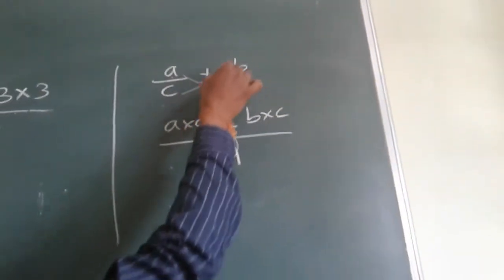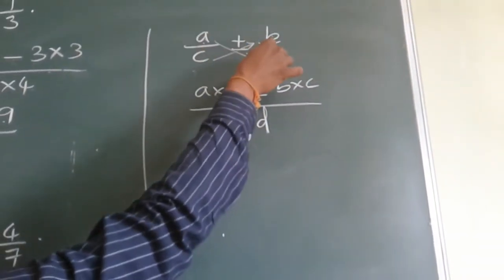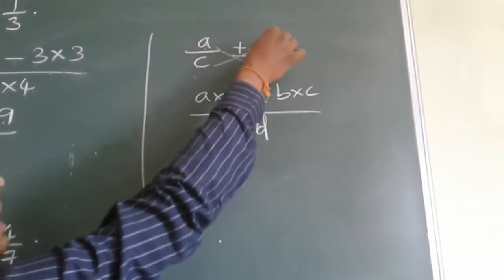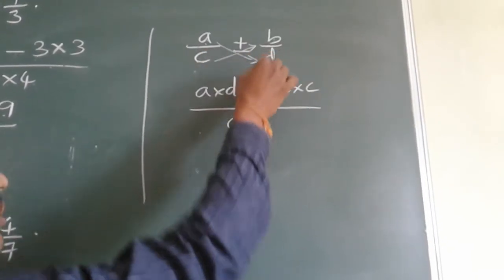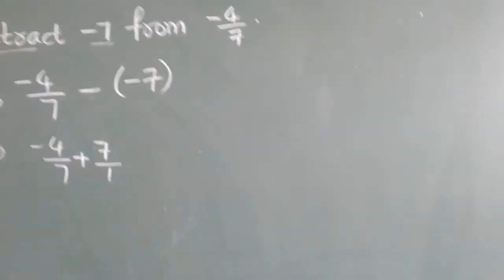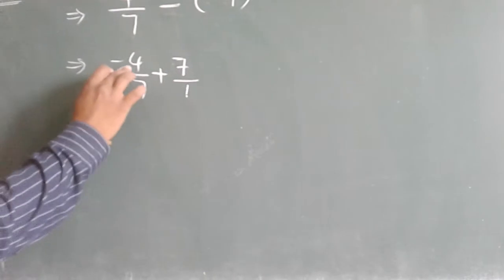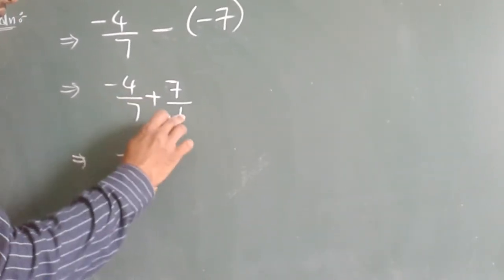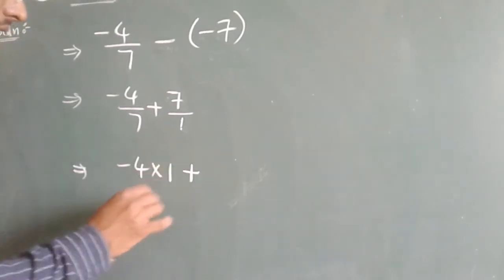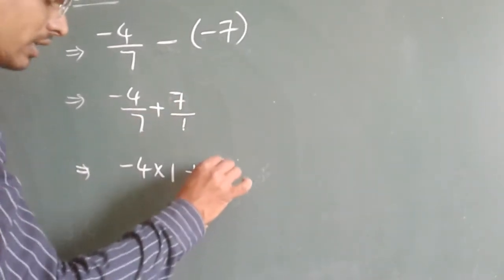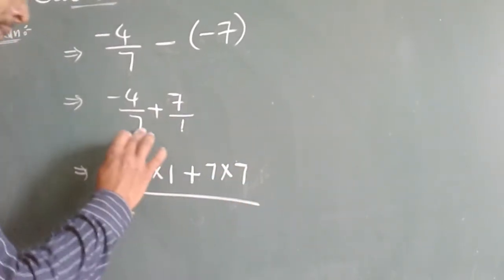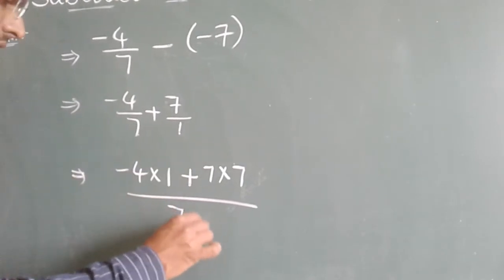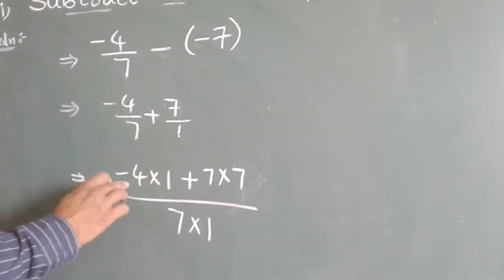Now see, here you can apply this formula: a by c plus or minus b by d is a into d plus or minus c into b by c into d. So you can apply the same formula here. See, minus 4 into 1. In the middle we have the sign plus. Next 7 into 7 by, multiply both the denominators, 7 into 1.